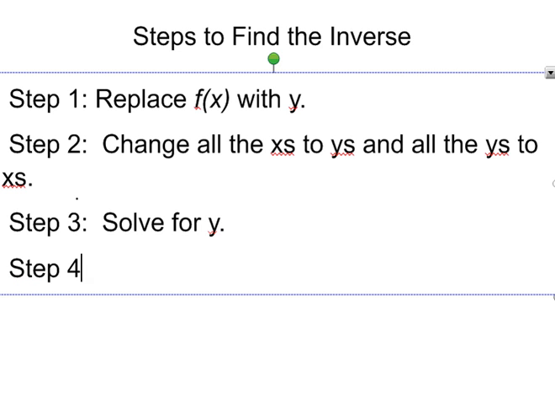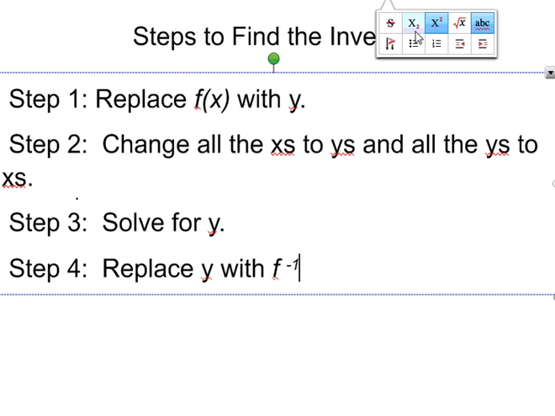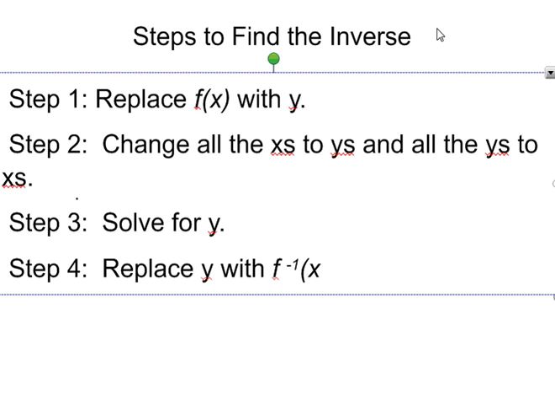So step 4, if it's a function, then you now replace y with your function notation for inverse. So f, the -1, that's the inverse of f of x. All right, and there's the steps to find the inverse.